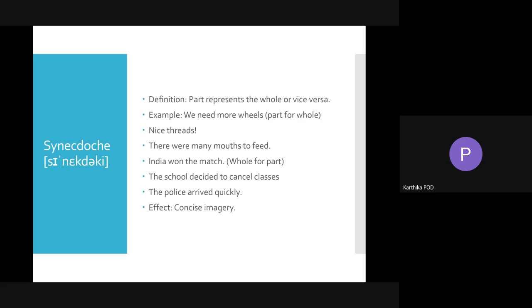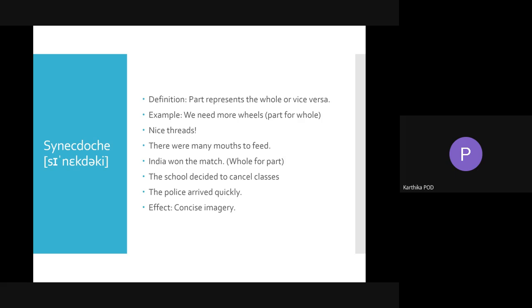Let's say a big group of multiple families are planning for a trip, and they say, okay, we have two cars, right? So someone says, no, no, we need more wheels. What does that mean?